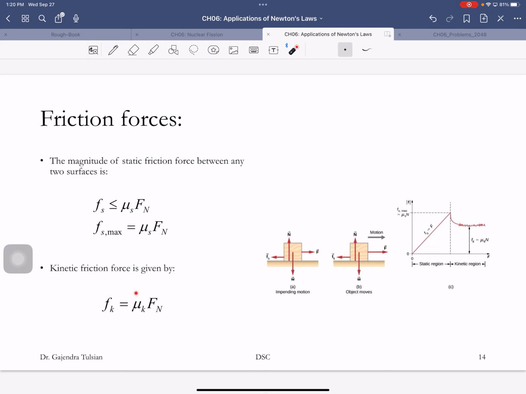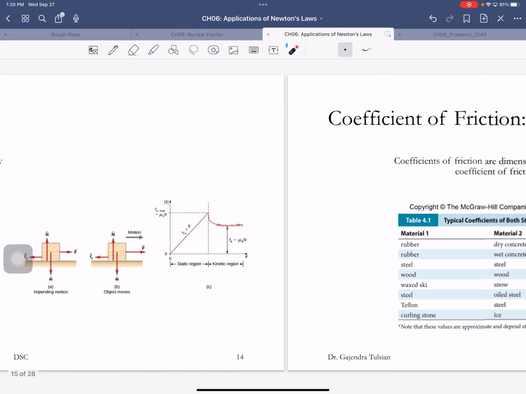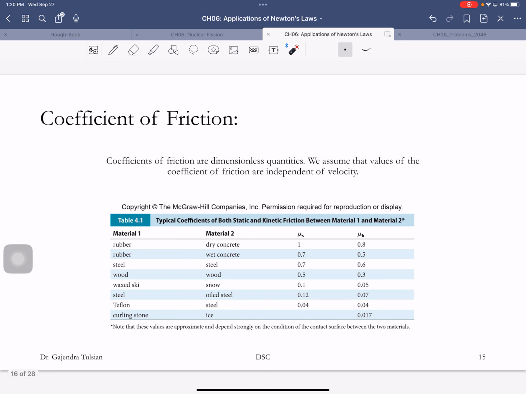And of course, mu s is always greater than mu k, because the maximum static friction force is always greater than the kinetic friction force. And like I said, this stuff is important enough that they give you tables for various materials.